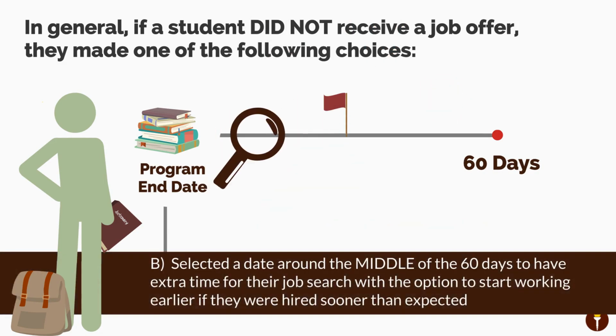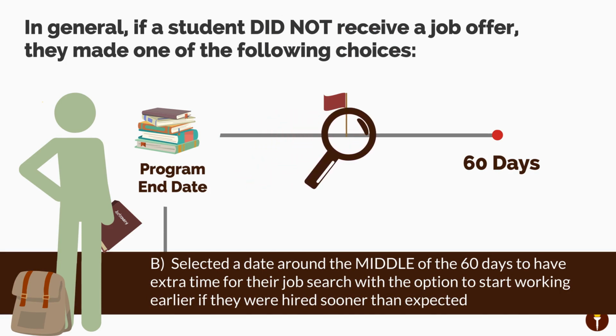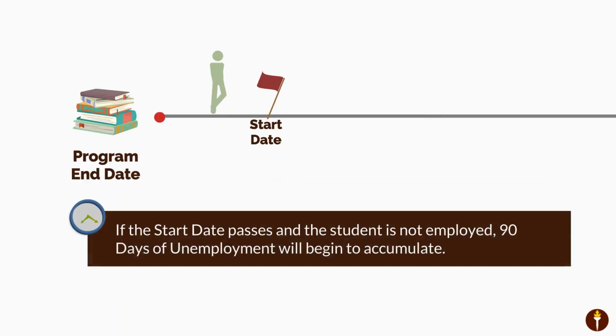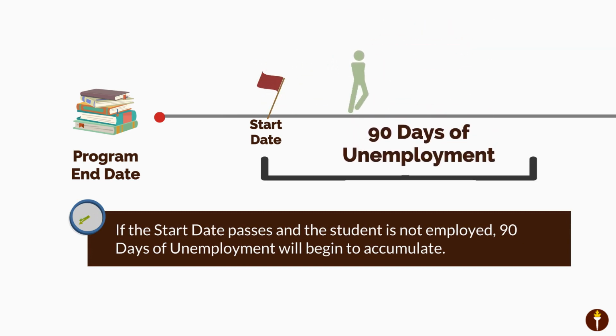Or they selected a date around the middle of the 60 days to have extra time for their job search, with the option to start working earlier if they were hired sooner than expected. If the start date passes and the student is not employed, 90 days of unemployment will begin to accumulate.